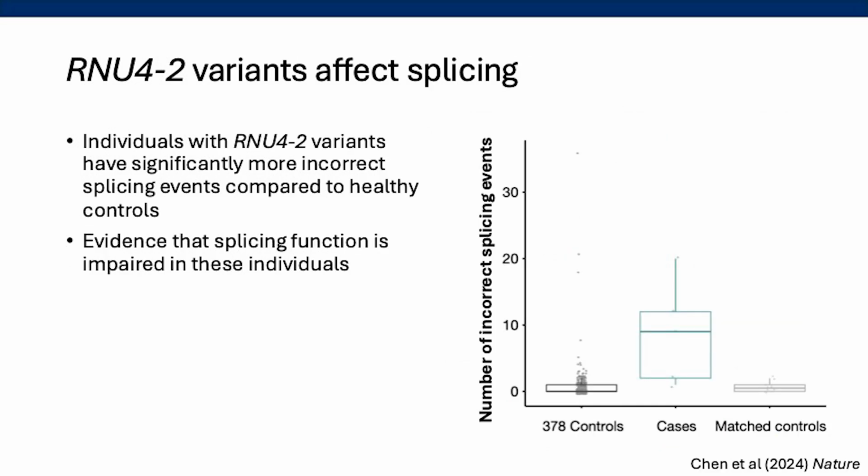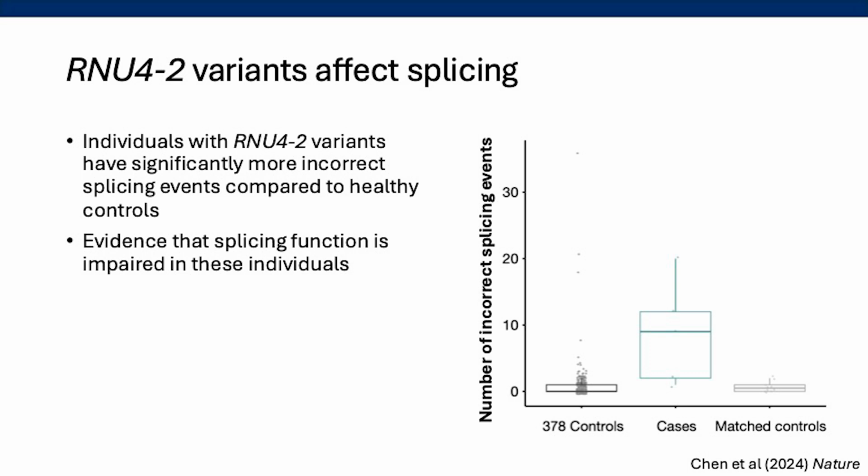So our hypothesis is that these variants in RNU4-2 actually affect splicing. Looking into RNA sequencing data of individuals with RNU4-2 variants, we found that they have significantly more incorrect splicing events, as shown here, comparing the controls and the cases.